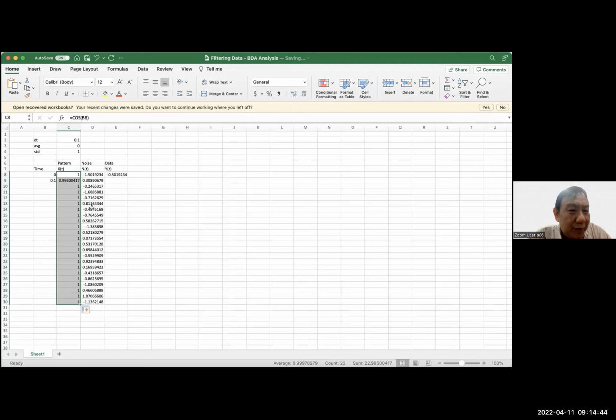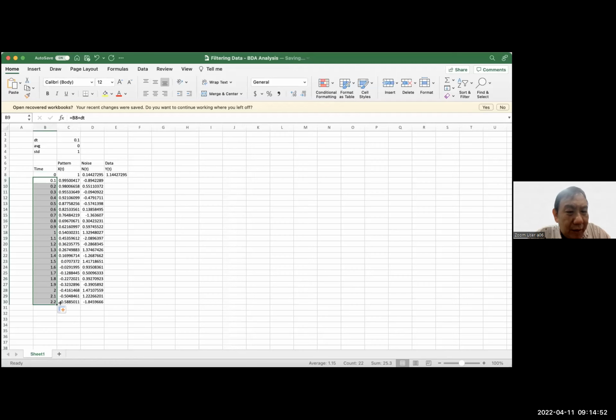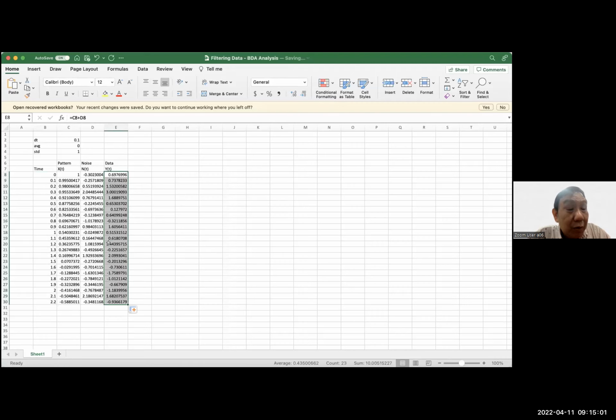The T also you need to change. The time also you copy down. Right, and then the data is just the noise plus the pattern. Copy down also. Right, and then now you can plot, okay?